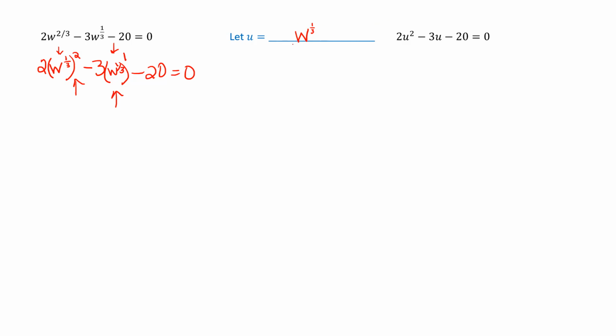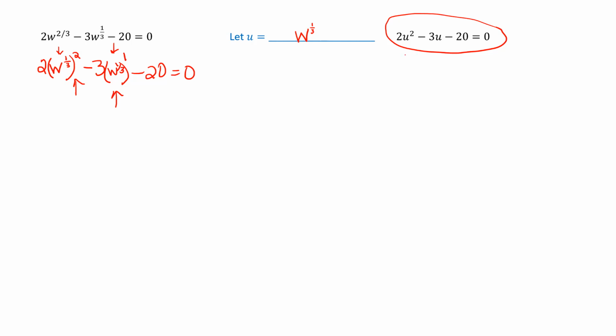So I let u be w to the 1/3. This represents the original equation because of what u equals. And now I can solve it, and it's easy to solve, and then I can stick that w to the 1/3 back into my solutions for u and see what the actual solutions are.